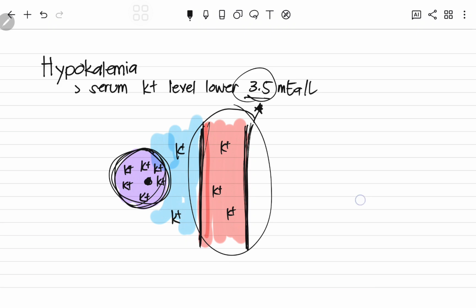Okay, so of course, talking about hypokalemia, we know that it's lower than 3.5. Alam na natin yan. So now, moving on, we need to think of what has caused it. What are the possible causes pagdating naman sa ating hypokalemia?